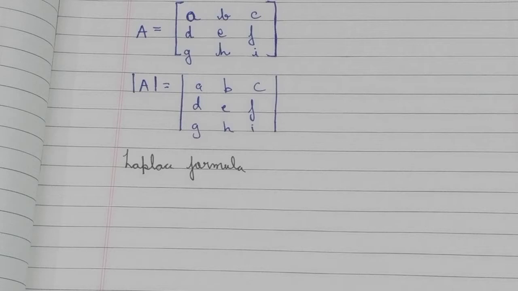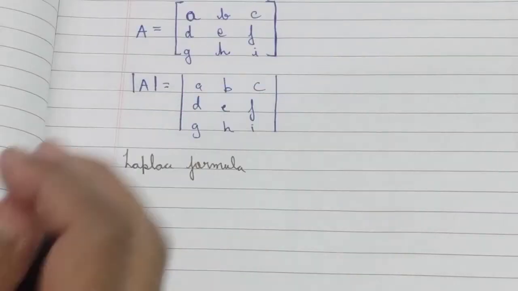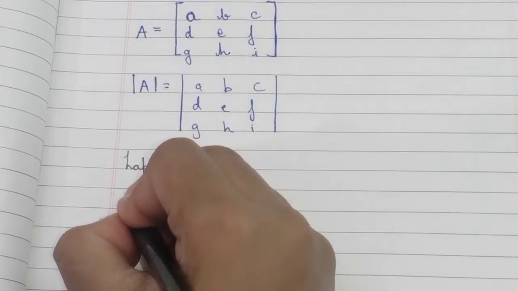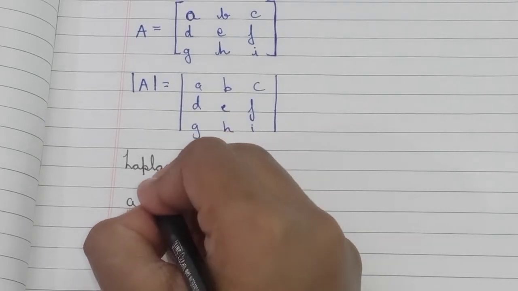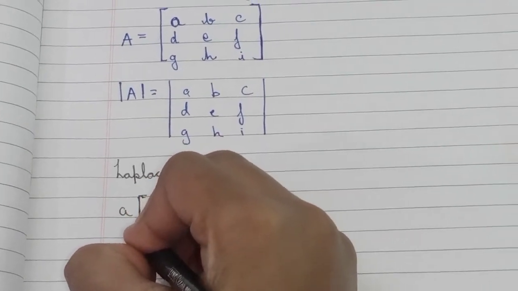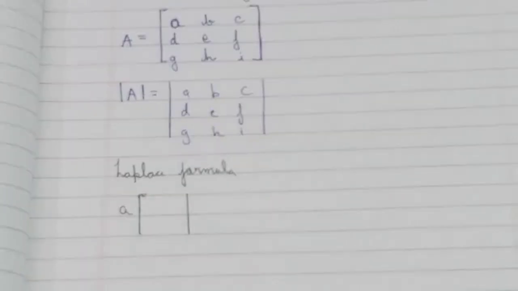For that we take the first element of the first row, that is a. a times, now here it will be a determinant, not a matrix.